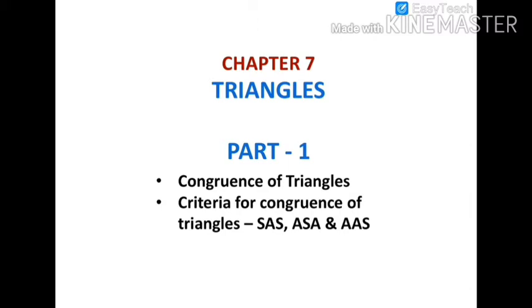In this chapter, we will study in detail about the congruence of triangles, the rules for congruence, and some more properties related to triangles. In today's video lesson, we will recall the meaning of congruence of triangles and also learn some criteria for congruence of triangles like SAS, ASA, and AAS.